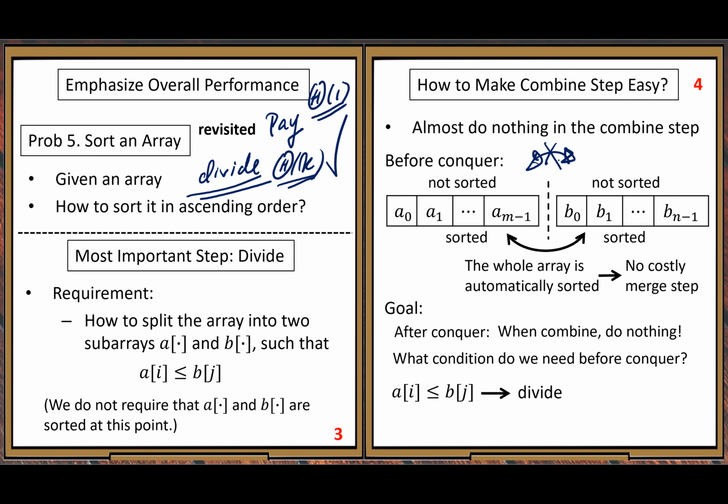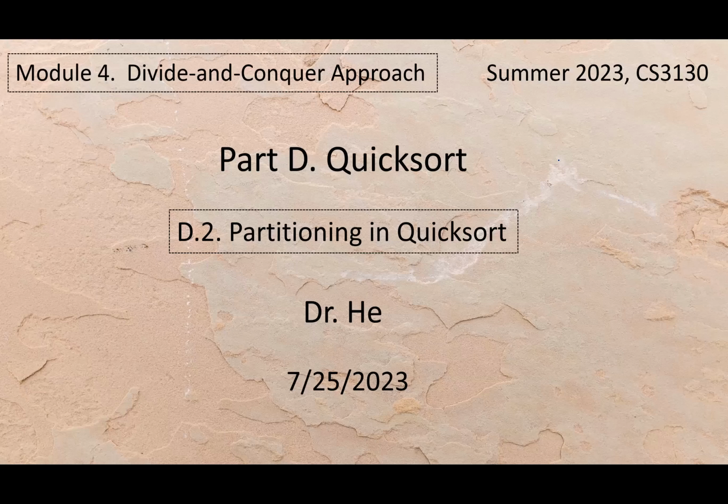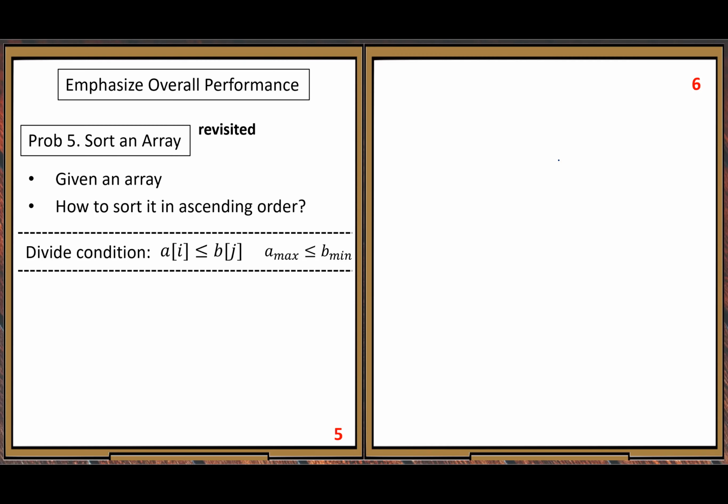Now the critical step, we call it partitioning in Quicksort. That's the partition step. That's the special partition. So what's that? Here you can see this A max less than or equal to B min.